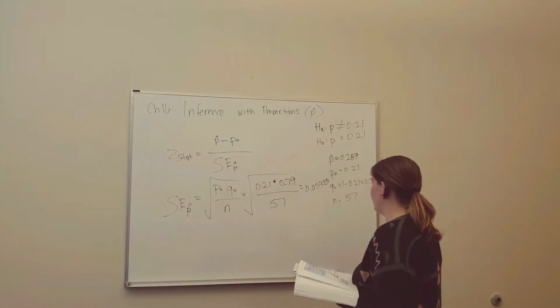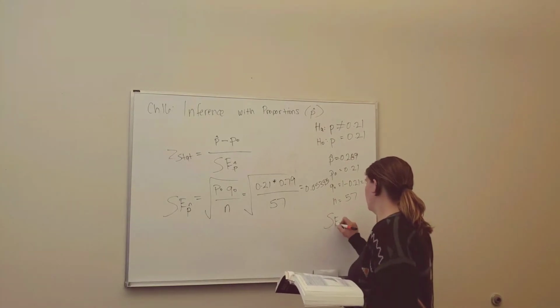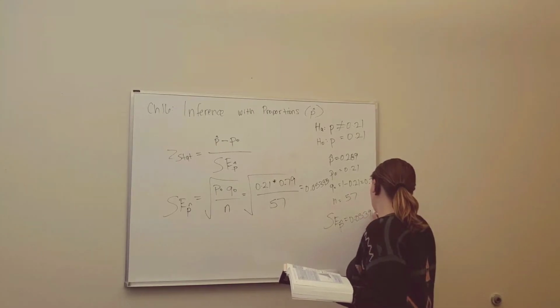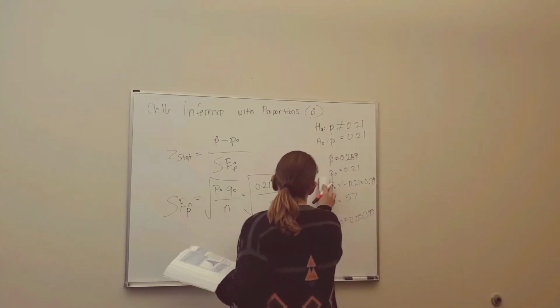Once we have the standard error of the proportion, we can calculate our z statistic.